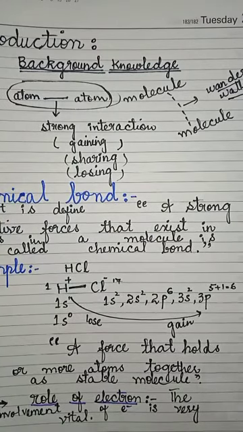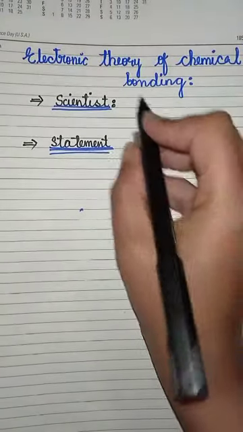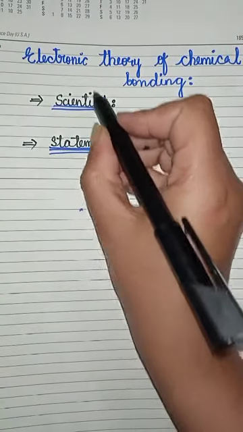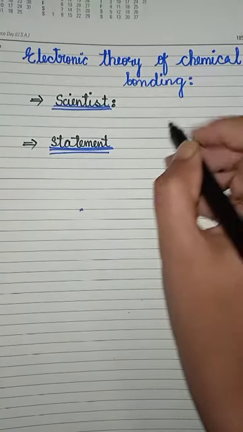So let's come to the main topic: who are the scientists who have explained chemical bonding, what was their work, and what did they say about chemical bonding. Here the first topic we have is 2.1, electronic theory of chemical bonding.